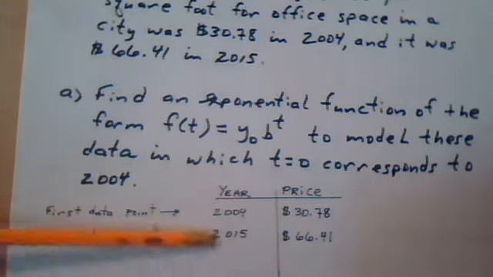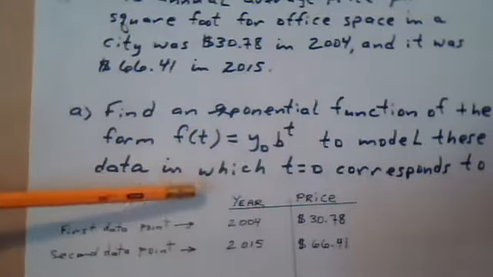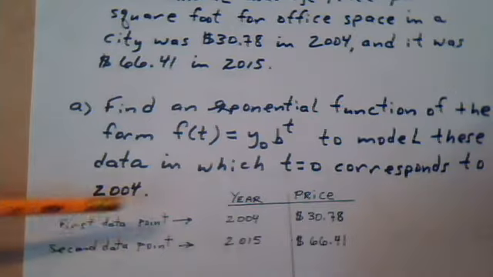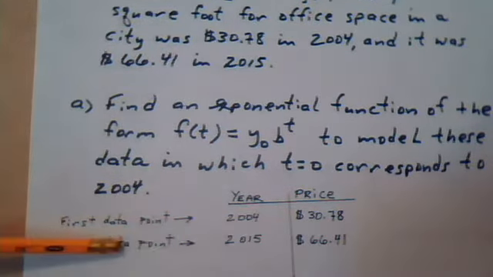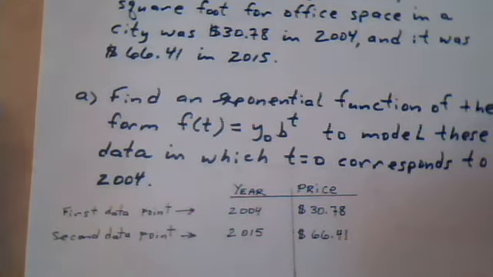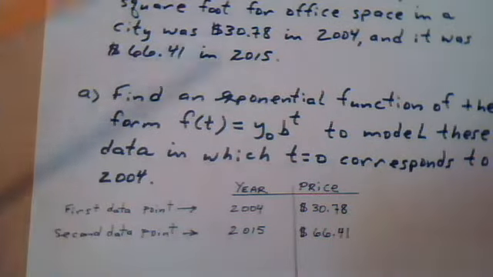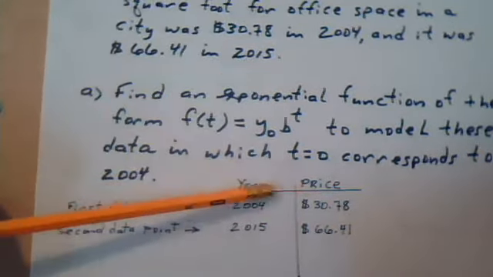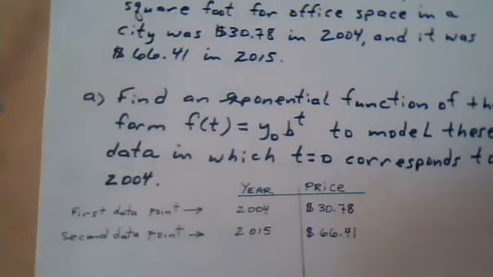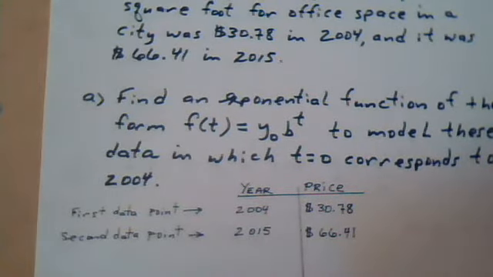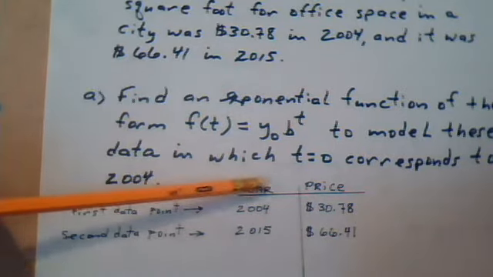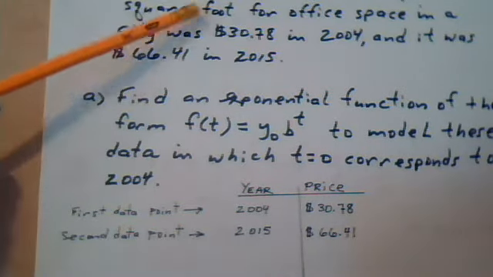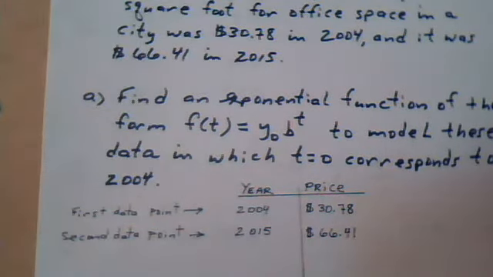So in table form, this would be our first data point. This would be our second data point. So what we're doing is organizing the information they gave us so that we could then use it to come up with what this equation should look like. So you could put your data, your information from the problem in table form if you like.